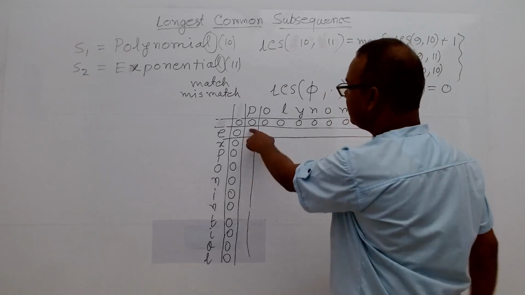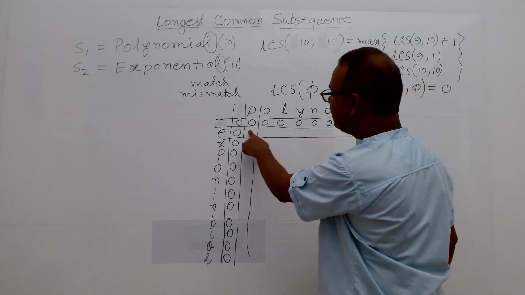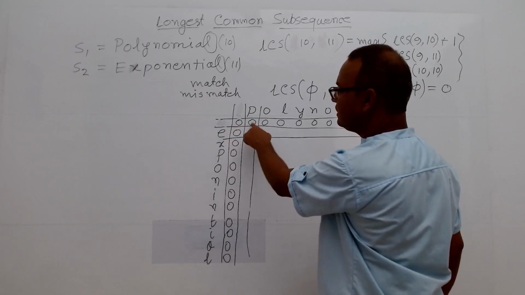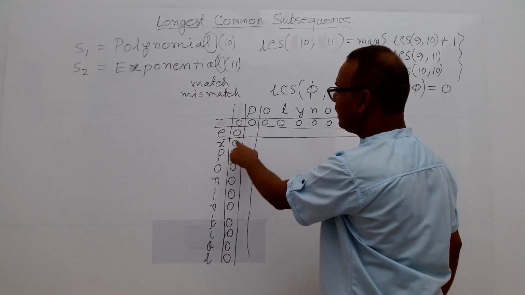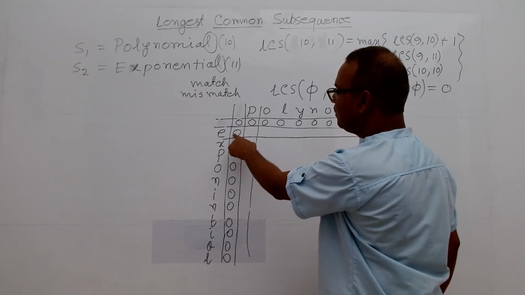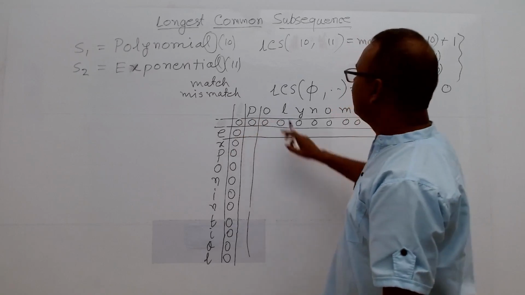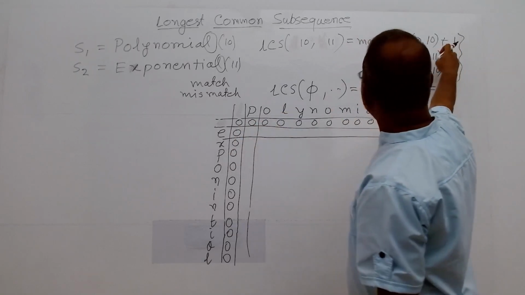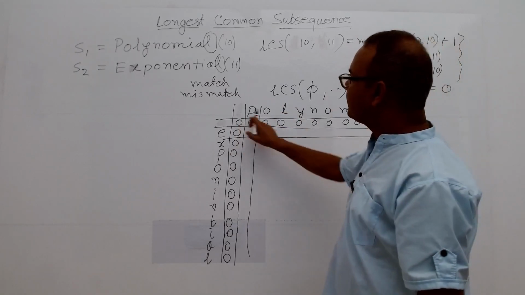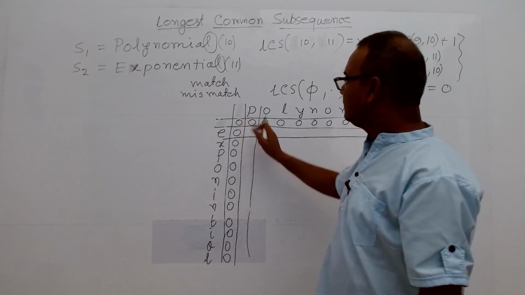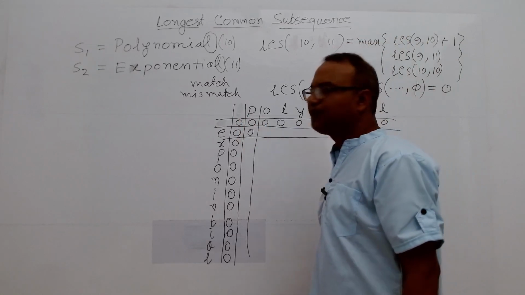We are talking about LCS 1 1. This is LCS 0 0, this is LCS 0 1 and this is LCS 1 0. There is no match, so we don't need to add 1. So the max among these three is 0.